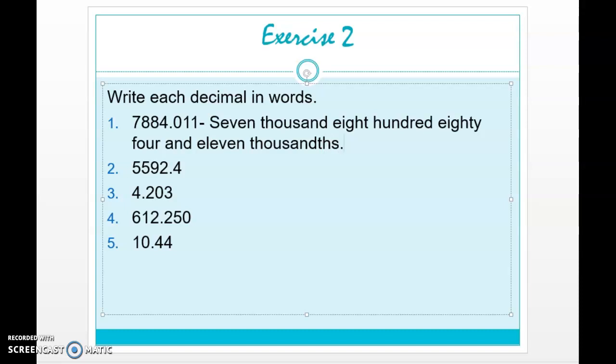I'll leave the rest for you so that you can do much practice of writing them in words and in figures.